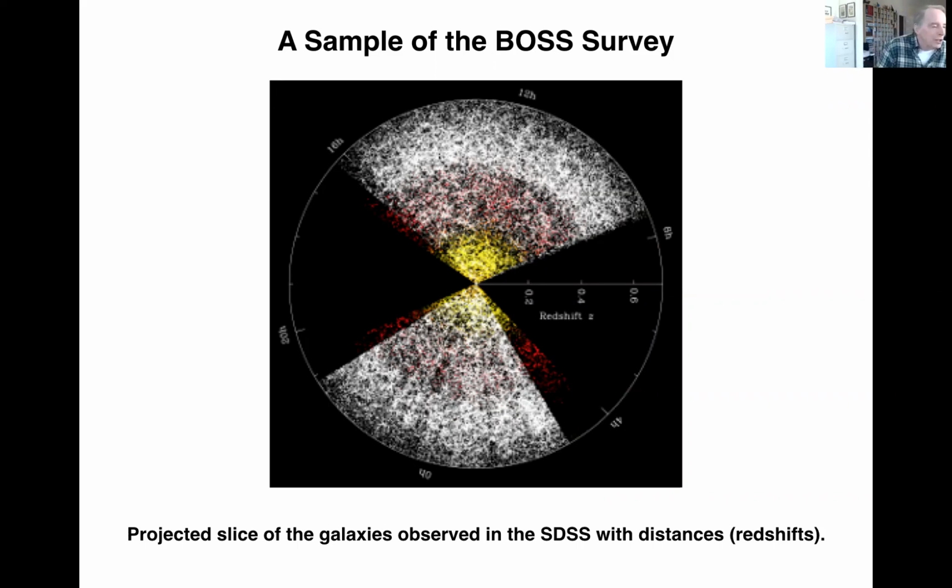You can see that redshift parameter z on that horizontal scale, going from the position of the Earth to the right. It goes up to about 0.6 or 0.7 in the redshift parameter. That's billions of light years out. So that's been an effort that has cataloged, again, millions of galaxies.